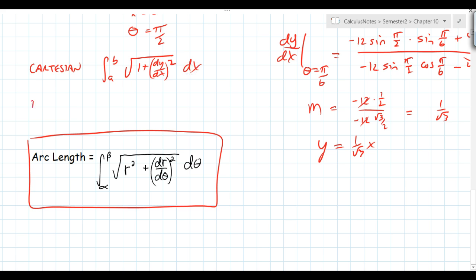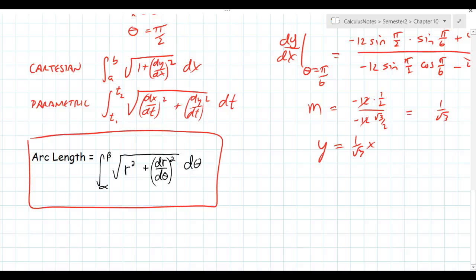And then we had parametric, which was the integral from the starting t-value to the ending t-value of the square root of dx dt squared plus dy dt squared dt. And now we have our third one, the arc length of a polar curve. They all look very similar because they all come from the Pythagorean theorem. And that is the end of the book.